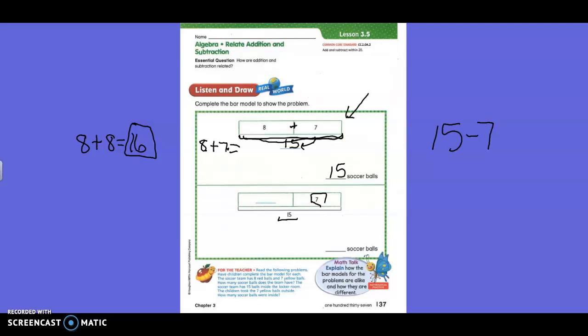If you had 15 soccer balls and you took away 7 of them, what would you have left? Ivan? 8. You would have 8 soccer balls left. Do you see how these are related? Yes. Do you have the same numbers? Yes, you have all the same numbers, okay?